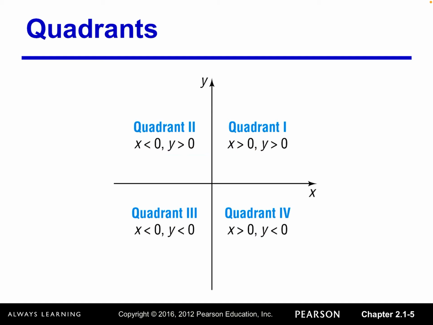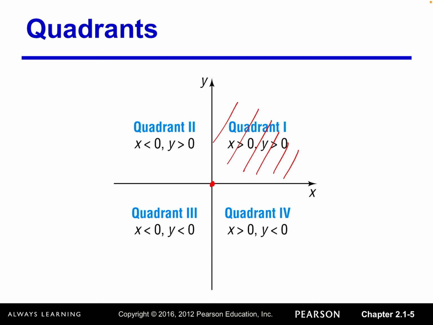That's the graph showing you how the quadrants are arranged and the characteristics of the points in each quadrant. Any point in quadrant 1 is in this area, so because it's on the right-hand side of the origin, the x coordinate must be positive, and the y coordinate goes up from the origin, so it's also positive.